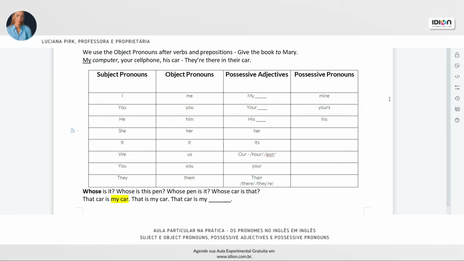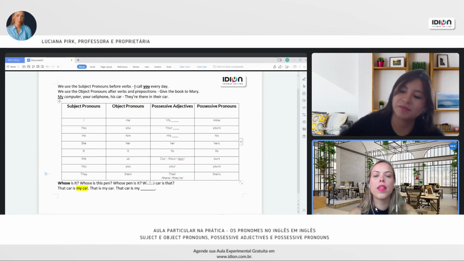She, her, hers. For this one, we add an S, you know? So yours. His is already his. Her, hers. Ours. Yours, and theirs.